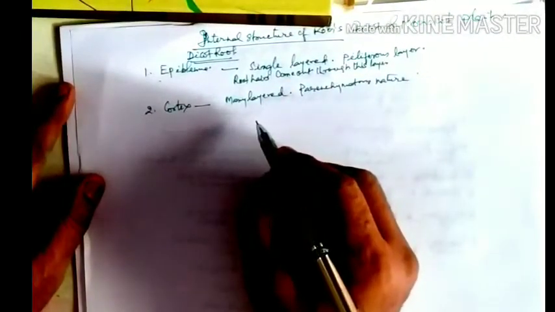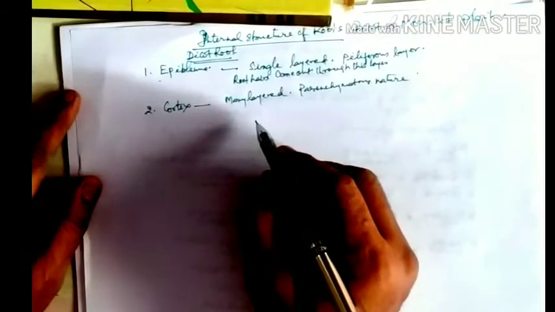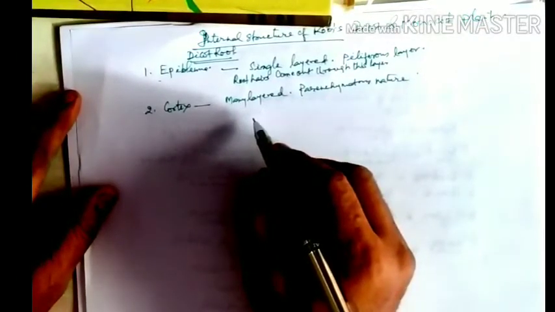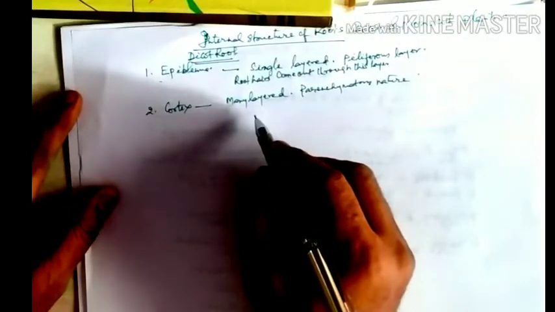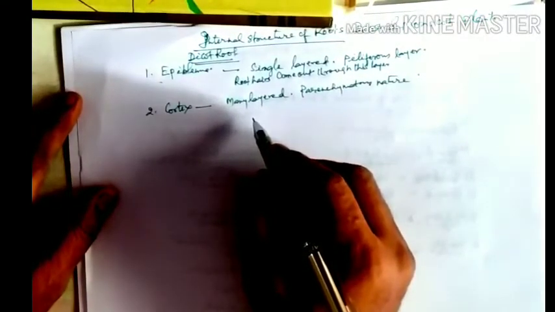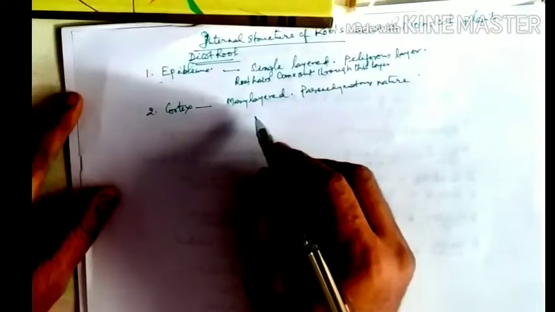Parenchymatous nature means the cell wall is thin, made up of cellulose. But in the older cortical cells, means the cortical cells of older roots of dicots, the outer layers of the cortex get cutinized.